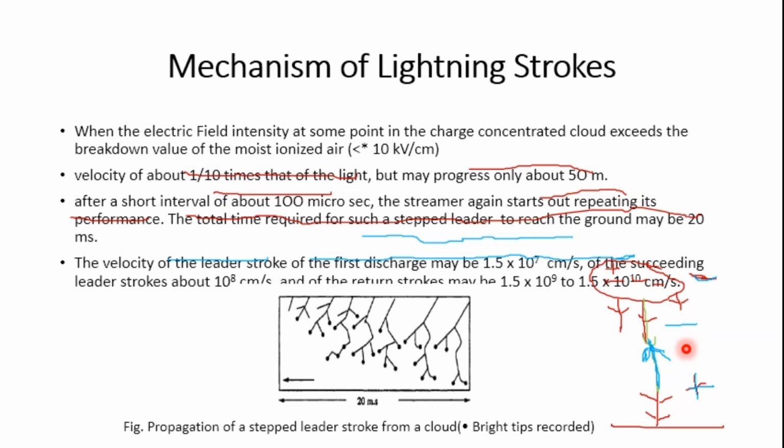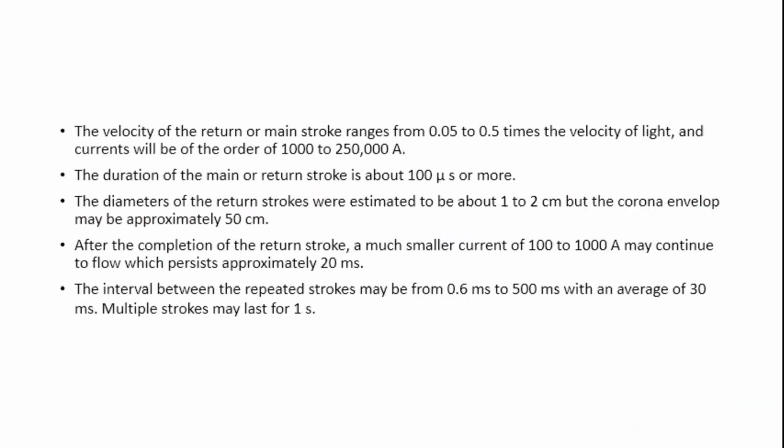So what is the velocity you are going to consider at this point? The return stroke velocity ranges around 0.05 to 0.5 times the velocity of light. And the current we are considering is 1000 amperes to 250,000 amperes.